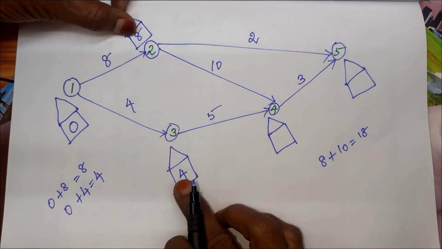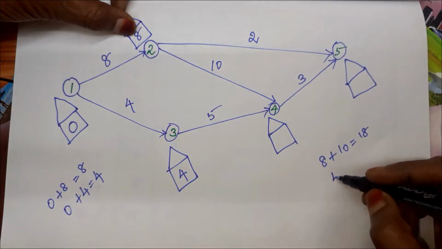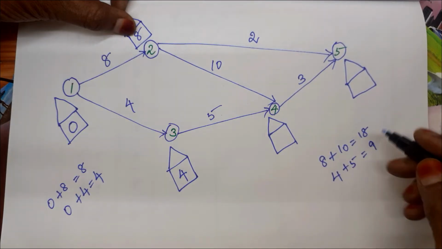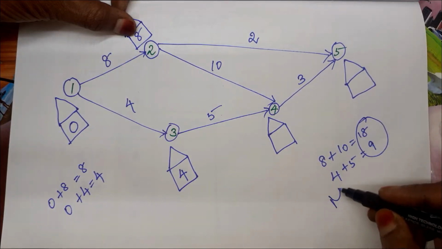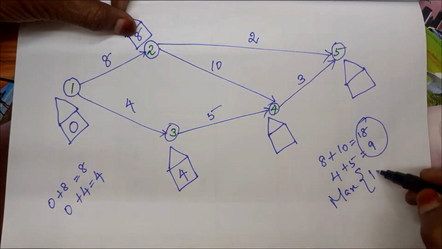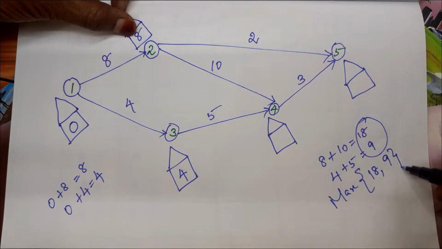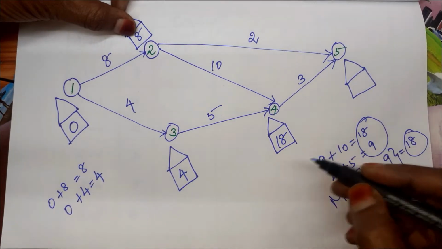From 3 to 4 we have 4 plus 5, which is 9. Since we have two activities, after calculating these two, we have to take the maximum of it. Maximum of 18 and 9 is 18. So 18 has to be taken here.